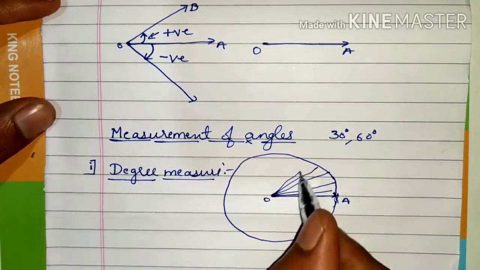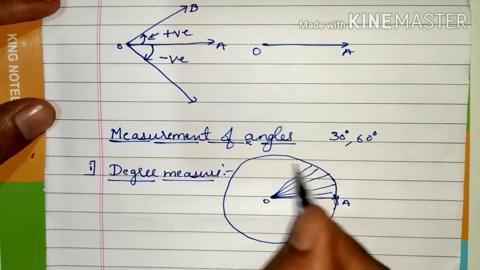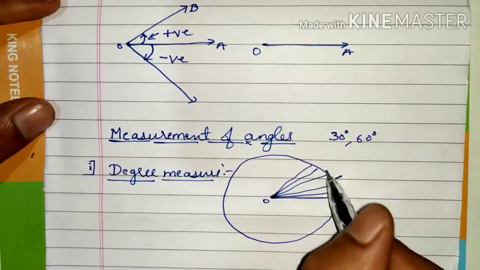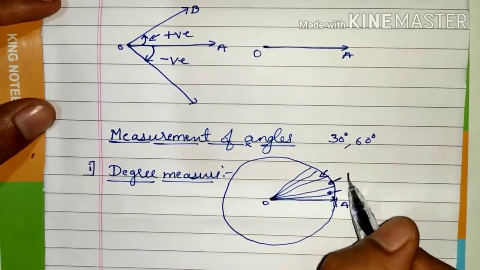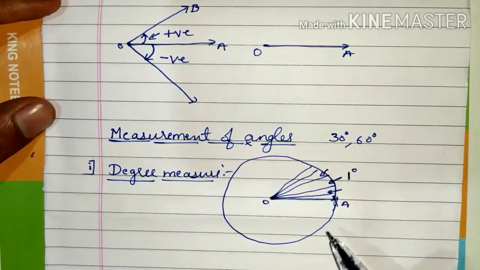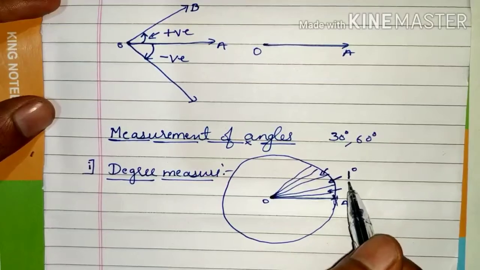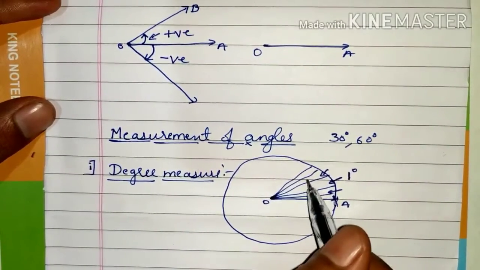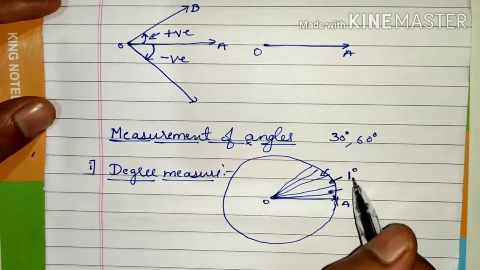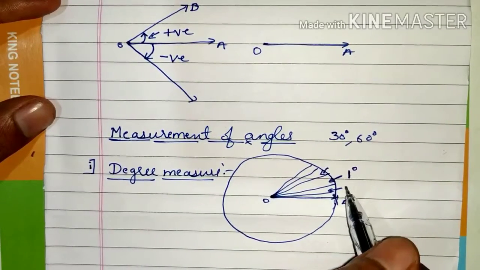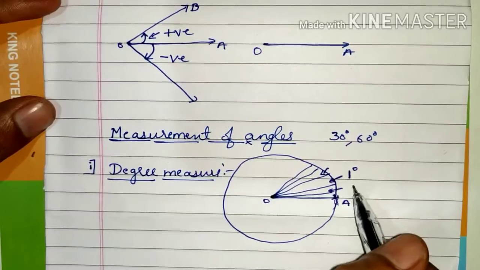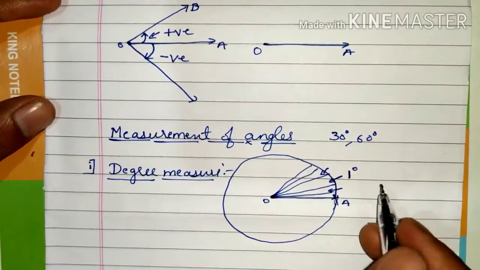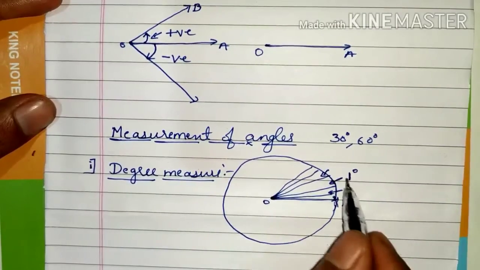So the complete rotation is divided into 360 equal parts, and each part is considered as 1 degree. We divide it into 360 equal parts, and each equal part is considered as 1 degree. So if you consider 2 equal parts, then it will be 2 degree. So that is how 30 degree, 60 degree work. So this is about degree.